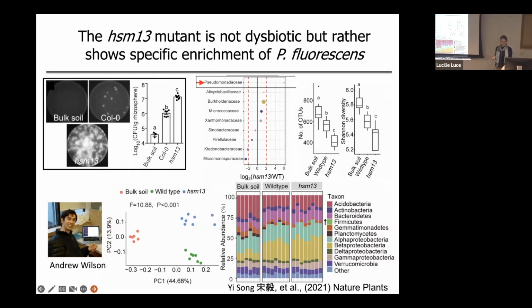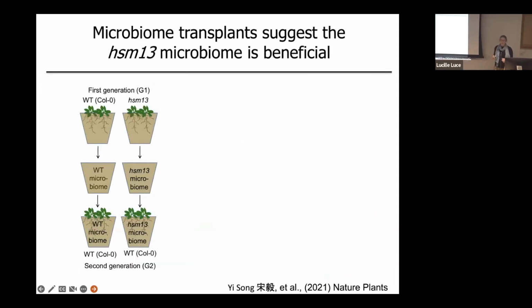Shannon diversity index. And so we wondered, is this microbiome from HSM13 a beneficial community or is this sort of a dysbiotic community that could make plants sick? First author of this paper, Yi, did a really clever microbiome transplant experiment where he grew either HSM13 or wild type plants in natural soil. He let the plant shift the community, so enrich for whatever it's going to enrich for.